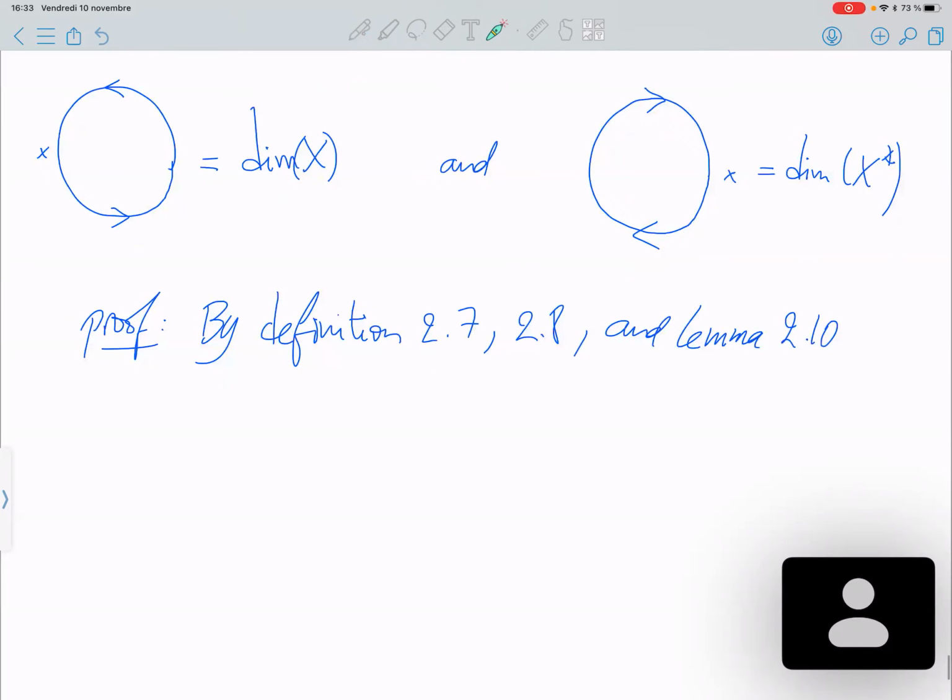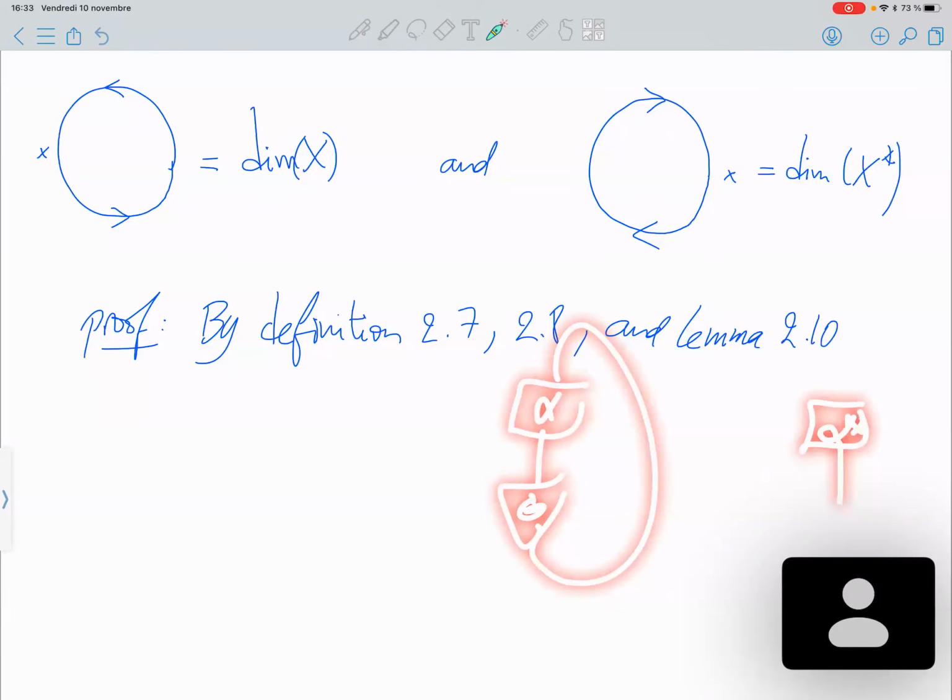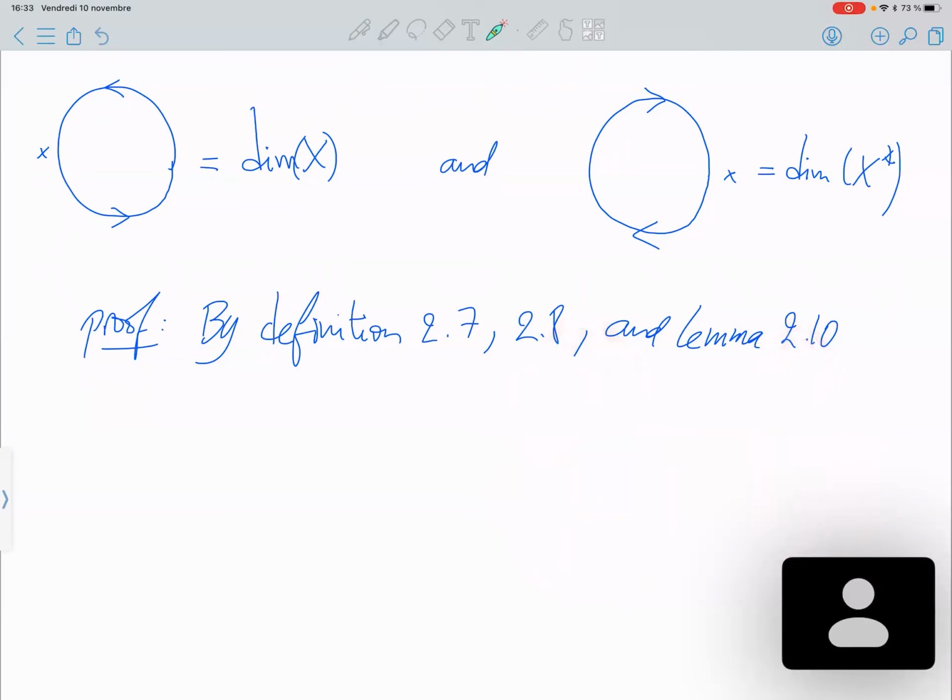Remember, the trace is defined: you have trace of alpha, you put a pivotal structure and do like that. But you also have alpha star pivotal structure like that. Remember that. Something like that. And we will need this other version for this one.